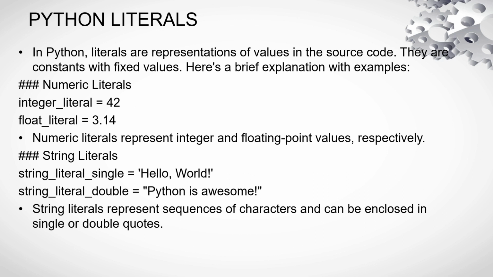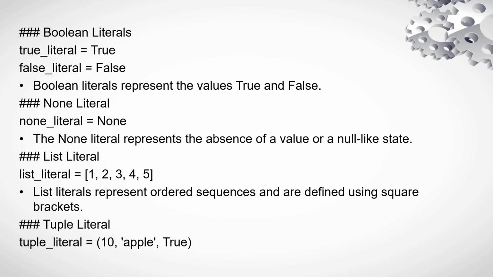String literals. Here is the example of string literals. It represents a sequence of characters and can be enclosed in single or double quotes. Boolean literals, True and False. They represent the values true and false. None literal. The None literal represents the absence of a value or a null-like state. List.